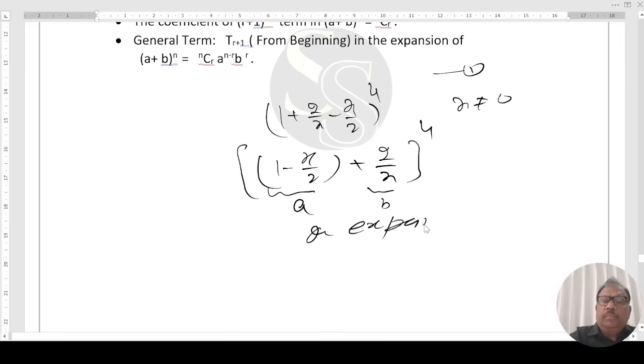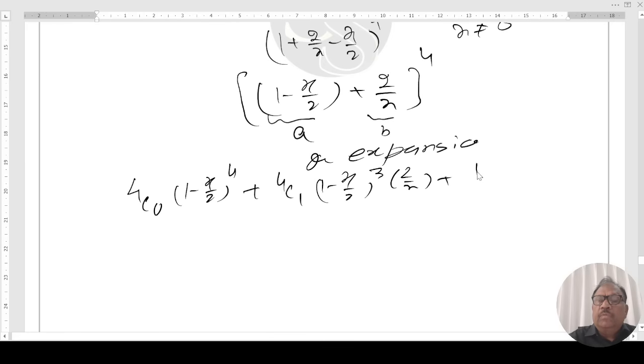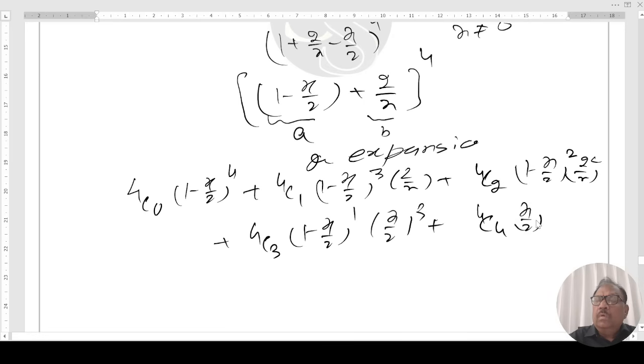On expansion, we get 4C0 (1 - x/2)^4 plus 4C1 (1 - x/2)^3 into 2/x plus 4C2 (1 - x/2)^2 (2/x)^2 plus 4C3 (1 - x/2)^1 (x/2)^3 plus 4C4 (x/2)^4.